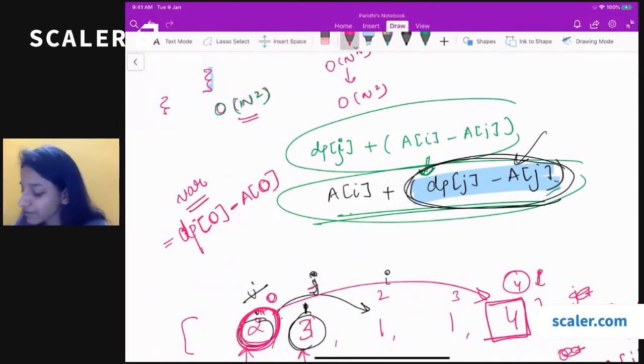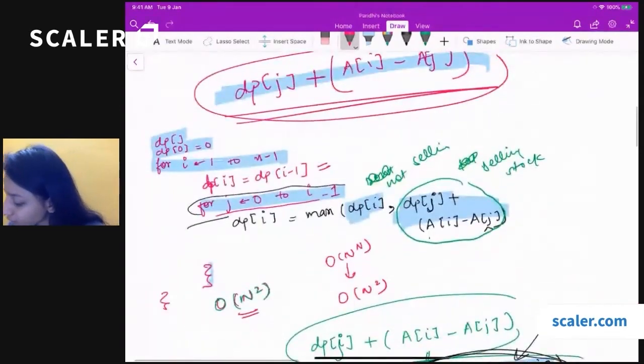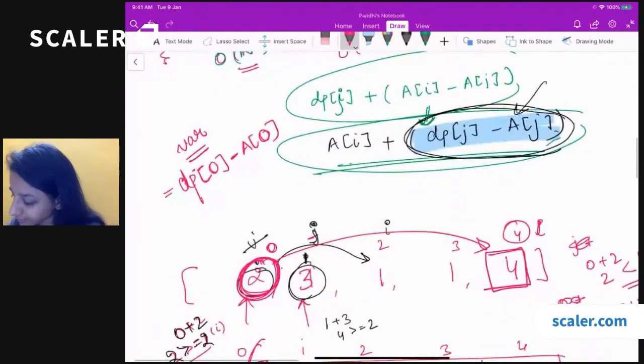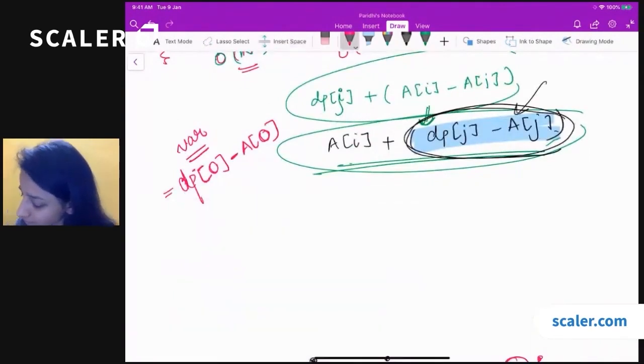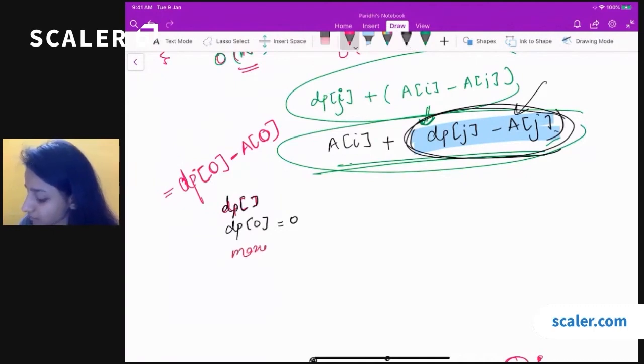Now whenever we'll be moving in a loop, let me write it. So for the DP array, DP of 0 is initialized to 0, and the variable, let's call it maxi only, will be initialized to DP of 0 minus a of 0.